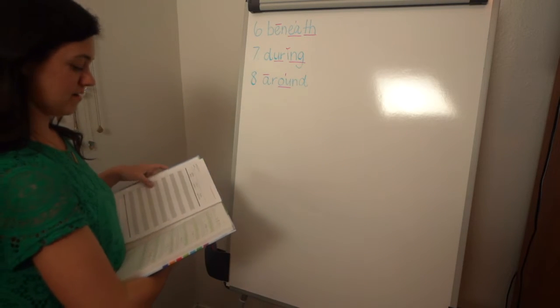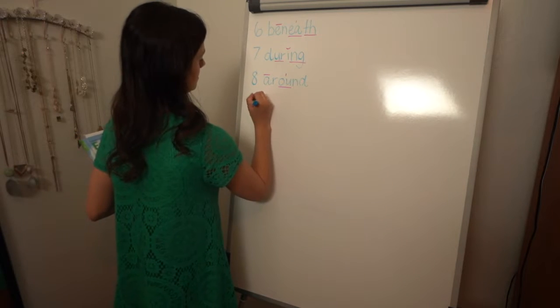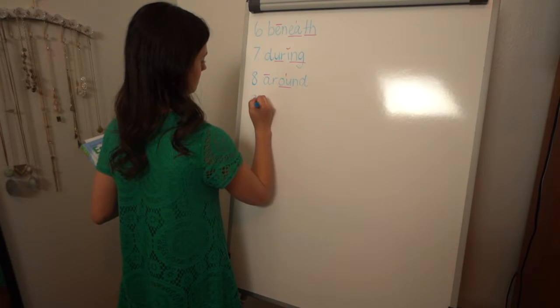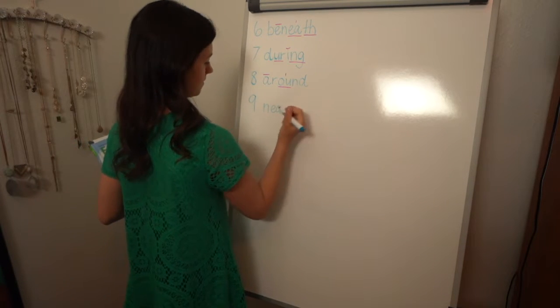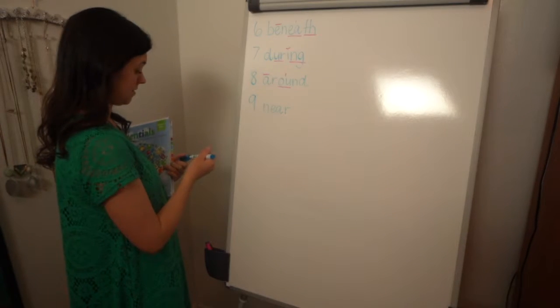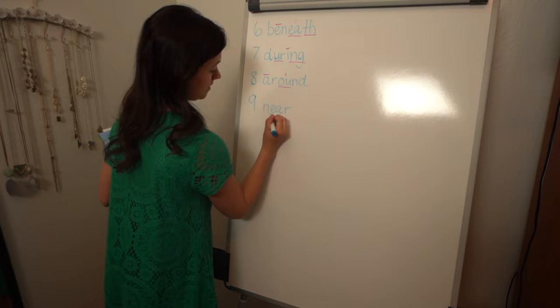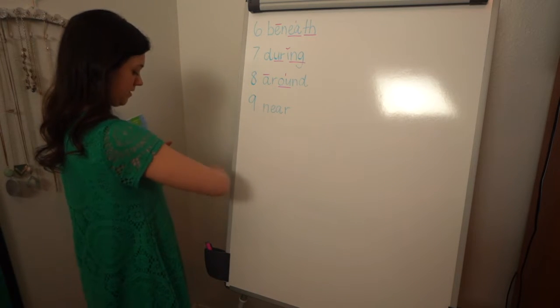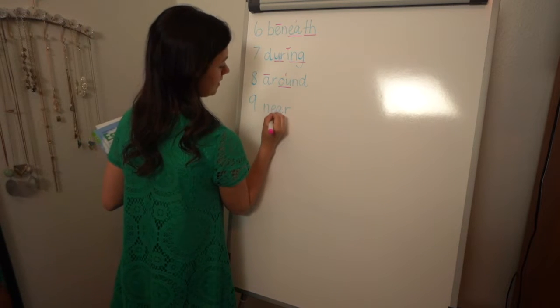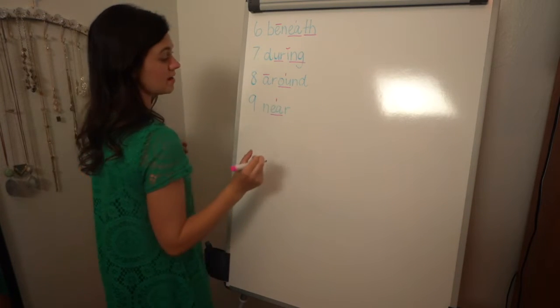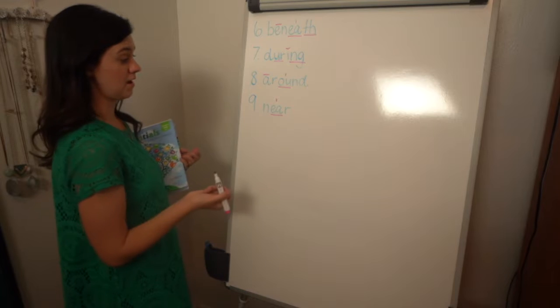All right, let's try to write this word together. Near. N, E, er. Great. Now to mark this word, we're going to underline the EA. Let me use a different color. And again, we could put a 1 on top of that EA because it is saying its first sound.